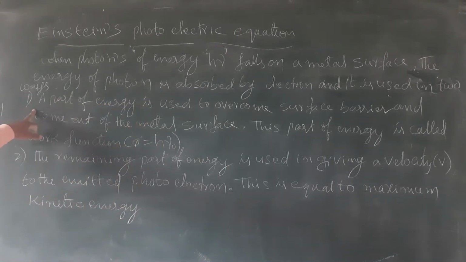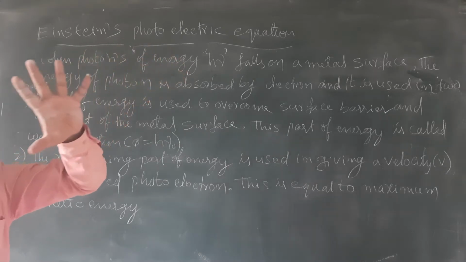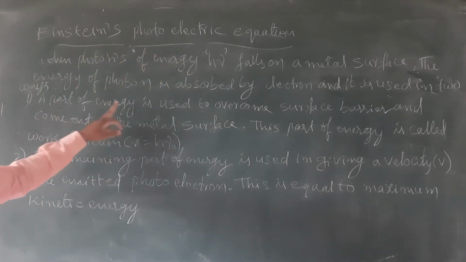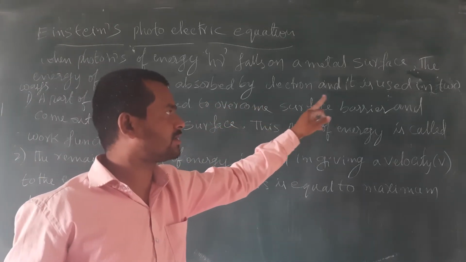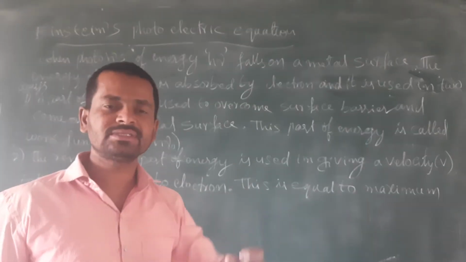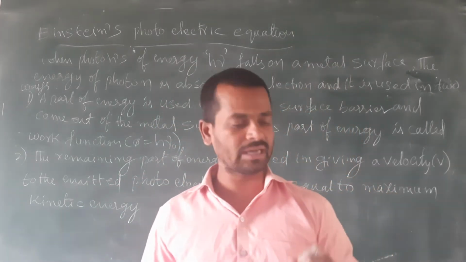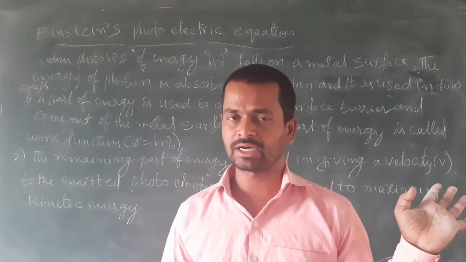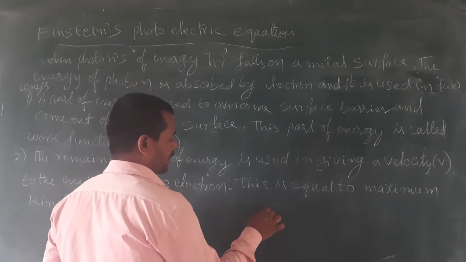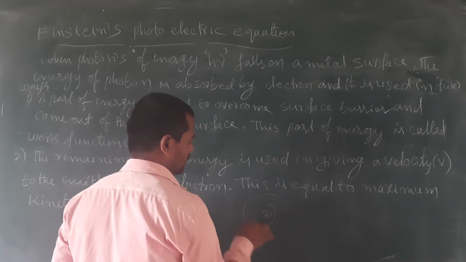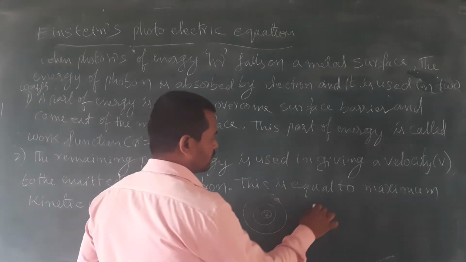So the first way is a part of energy. From this certain amount of energy, a part of energy is used to overcome the surface barrier. Generally an electron is present inside the atom and revolves around the nucleus, right? Let there be a nucleus and one electron revolving around it.